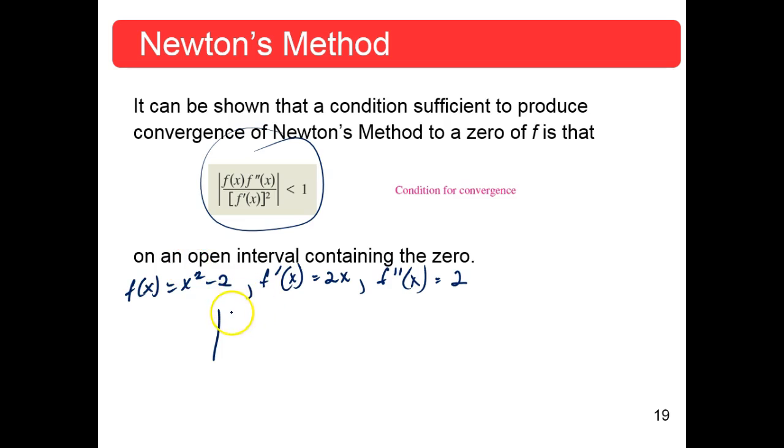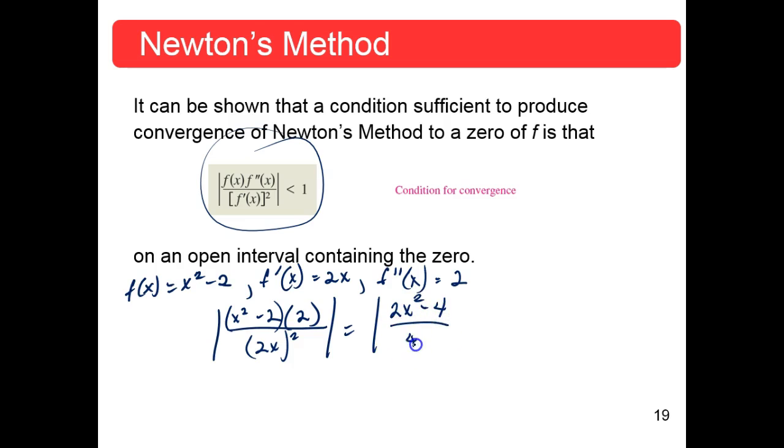F of x would be x squared minus 2 times f double prime, which is 2, divided by f prime, 2x, squared, and you get the absolute value of 2x squared minus 4, divided by 4x to the 4th. And the question is, is this less than 1?